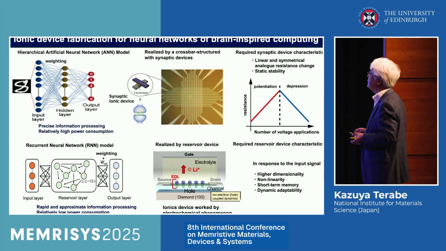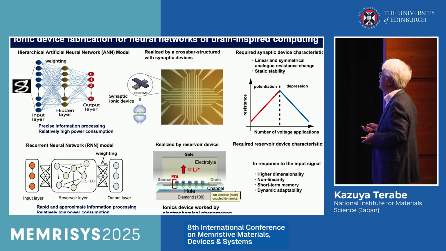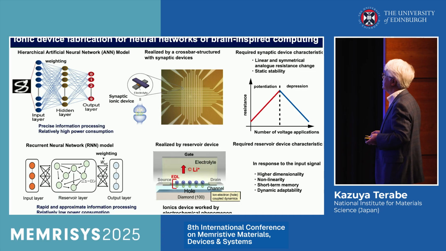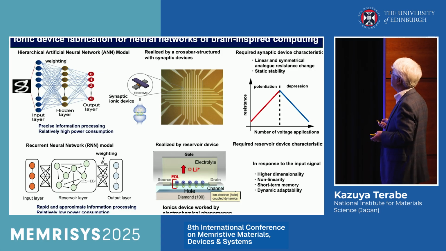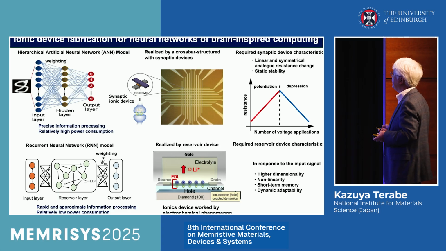Such a reservoir system can be realized by reservoir devices using the ionic devices worked by electrochemical phenomena. The required reservoir device characteristics are, in response to the input signal, high dimensionality and non-linearity, short-term memory, and dynamic adaptability.